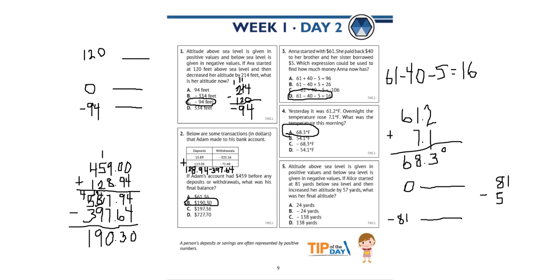So we have 7. Can't take away from 1, so we're going to have to make this an 11. Make this a 7. And 7 minus 5 is 2. Now this is going to be negative because the larger number was below sea level and it was negative 81.